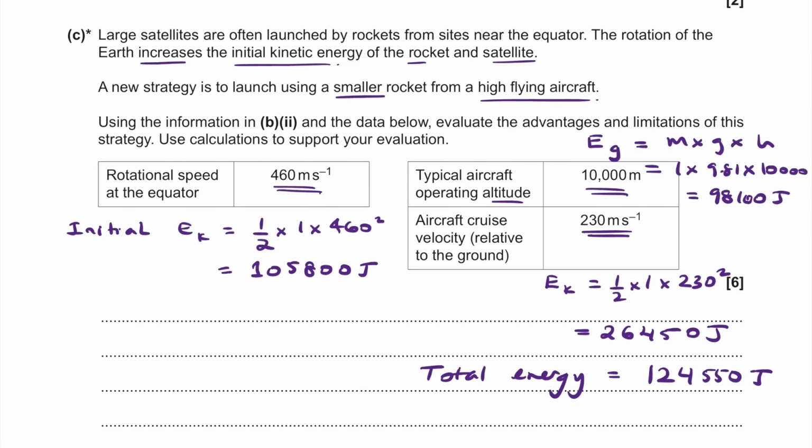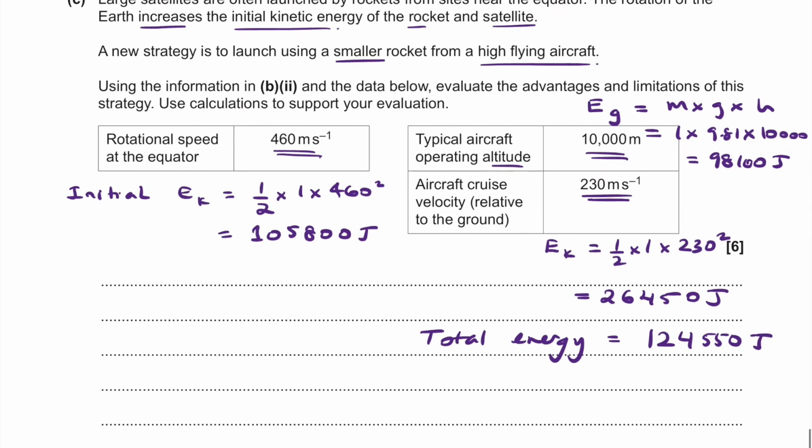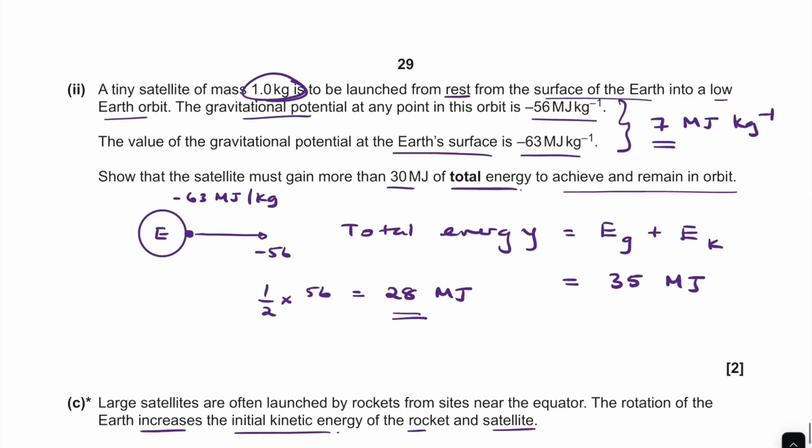Okay, so let's just talk about part BII, where it was 35 megajoules of energy.